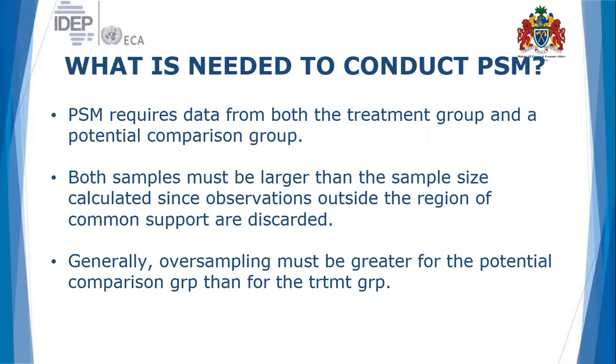If a sample is small and some of the observations are discarded, the sample will become even smaller, which can present some challenges for the analysis. So the sample should be larger than the sample size computed to accommodate those that will be discarded, so that you still remain with a good sample size for the analysis. Generally, oversampling must be greater for the potential comparison group than for the treatment group.